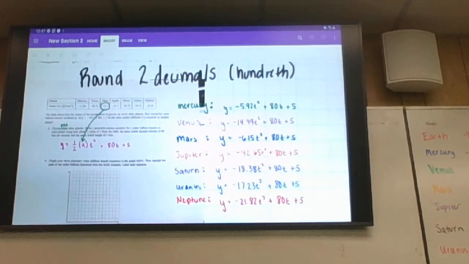Negative 43. 1.833. Here, just write down.